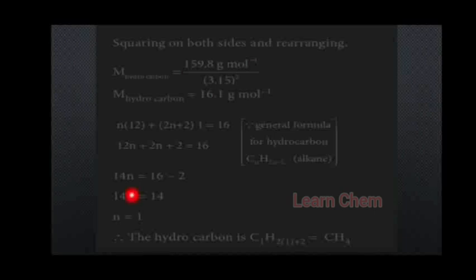So 14n is equal to 16 minus 2, 14n is equal to 14, therefore n is equal to 1. So if you substitute this n value in the general formula CnH2n plus 2, n is equal to 1, so 2 plus 2 is 4, so CH4, that's methane.